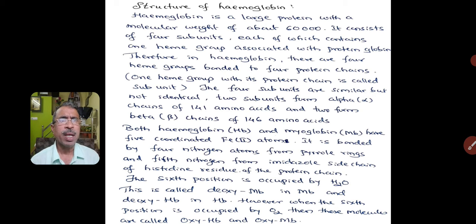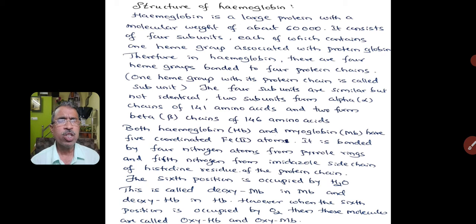Both hemoglobin and myoglobin have a 5-coordinated ferrous ion. It is bonded by 4 nitrogen atoms from pyrrole rings and a 5th nitrogen from the imidazole side chain of the histidine residue of the protein chain.